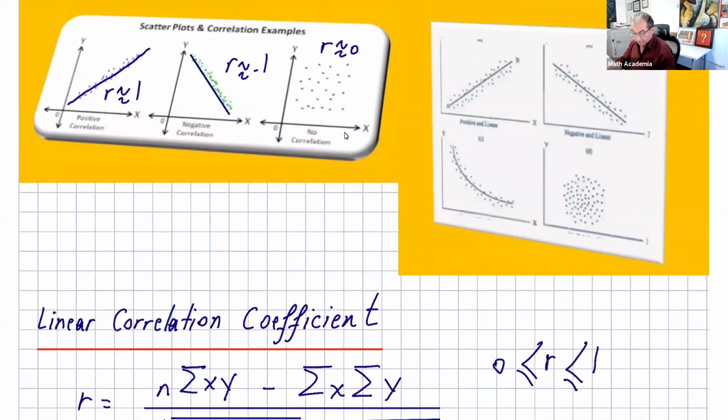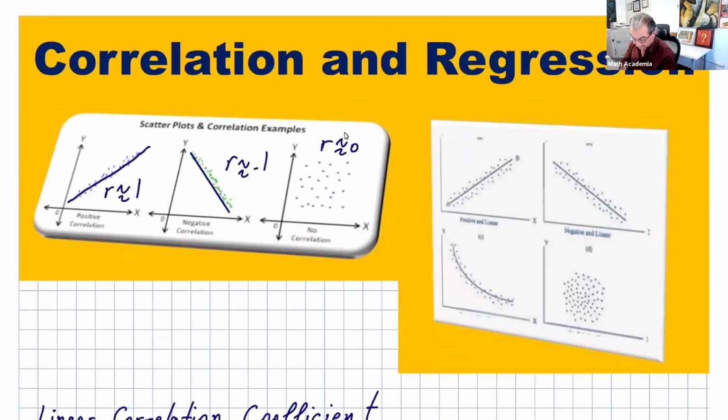So here, in this case, for the first graph, if I try a best fitted line between the points, it has a positive slope. So here R is almost equal to 1. Second case, R is almost equal to -1.